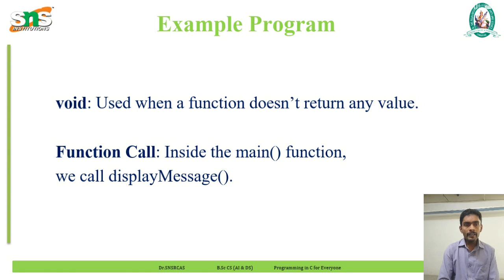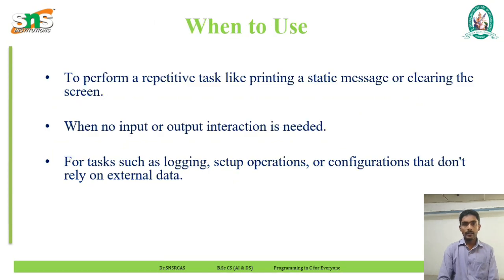Here void is used when a function does not return any value, and the function call inside the main function calls the user-defined function display message. The function simply prints the message and does not require any arguments or return anything.